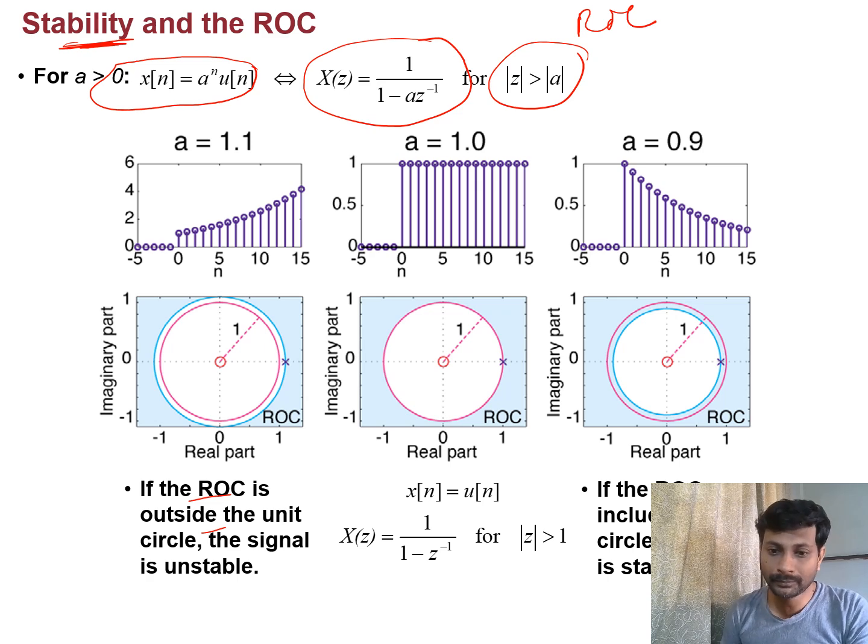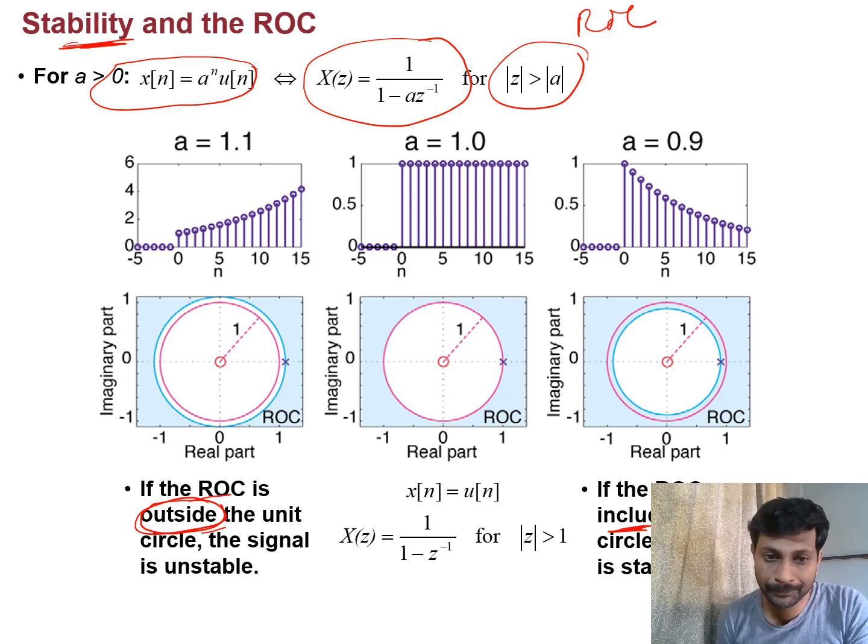Similarly, if the ROC includes the unit circle, then the system is stable. This is very important.